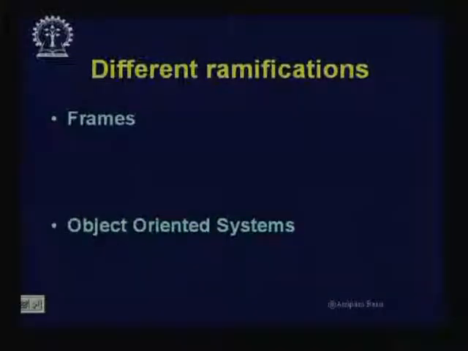But ultimately from semantic nets we will go to frames, which were proposed by Minsky, and frames can be considered a predecessor of object oriented systems, and we will see how the notion of semantic nets has been applied in frames. So, these ramifications we will see in the next class.